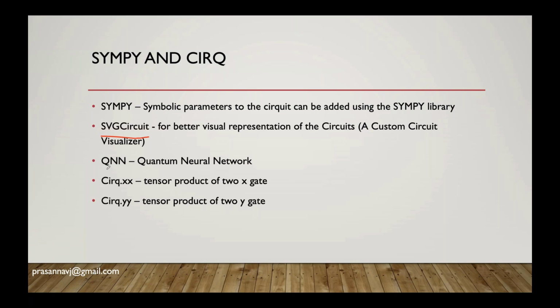The next is the quantum neural network that we're going to look at, and there is another operation called XX, which is the tensor product of two X gates, represented by Cirq.XX. The tensor product of two Y gates is represented by YY. So what is this tensor?